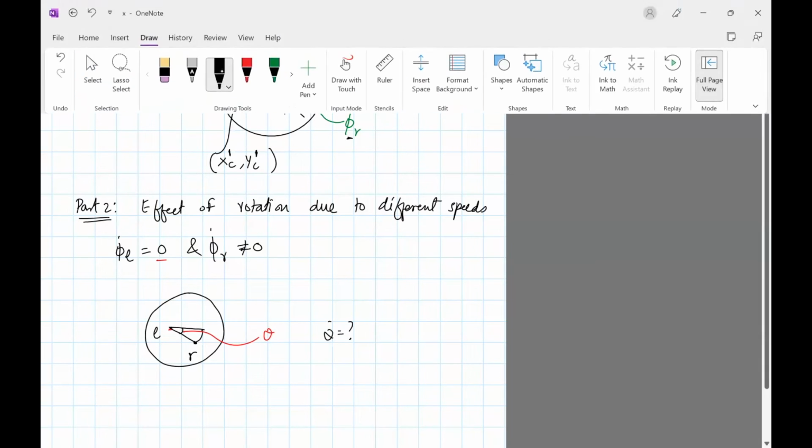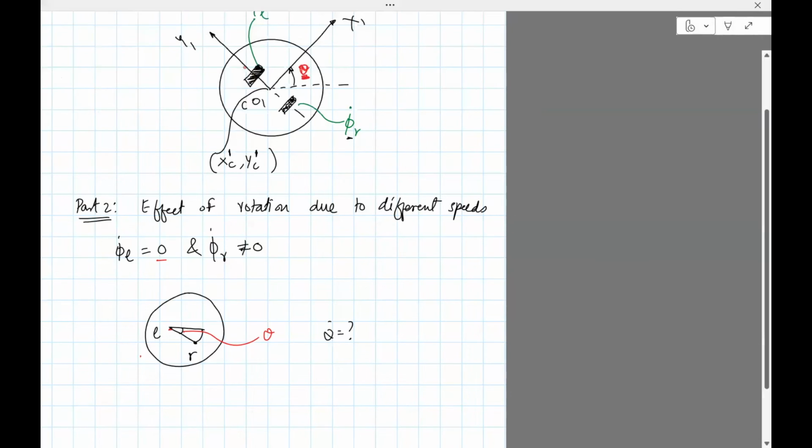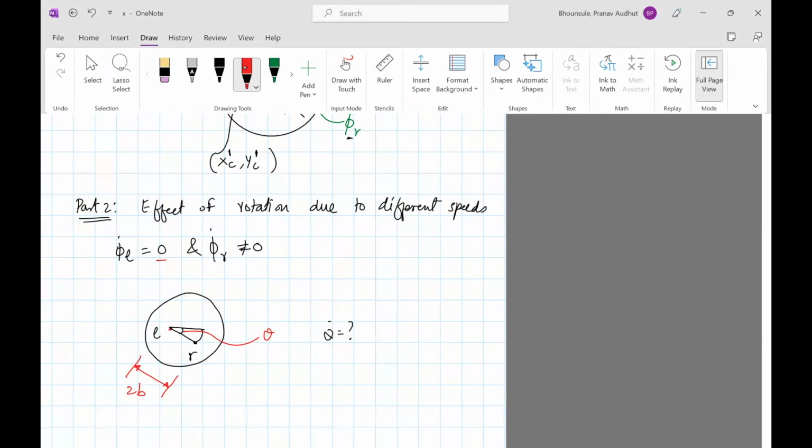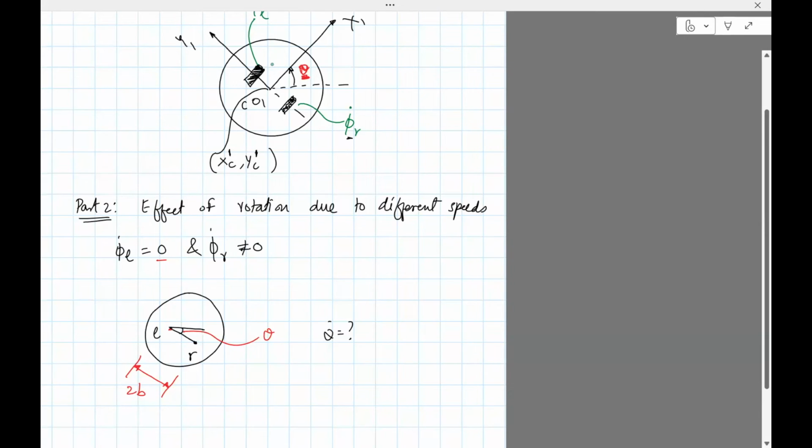So for that, what I can do is the following. This distance we know is 2b, right? This green part, the arc length, can be obtained two ways. One is because this motor is spinning, so that is simply r times phi dot r.